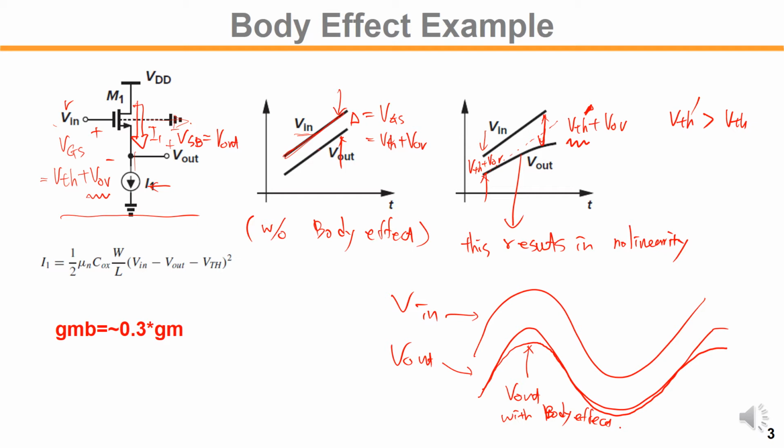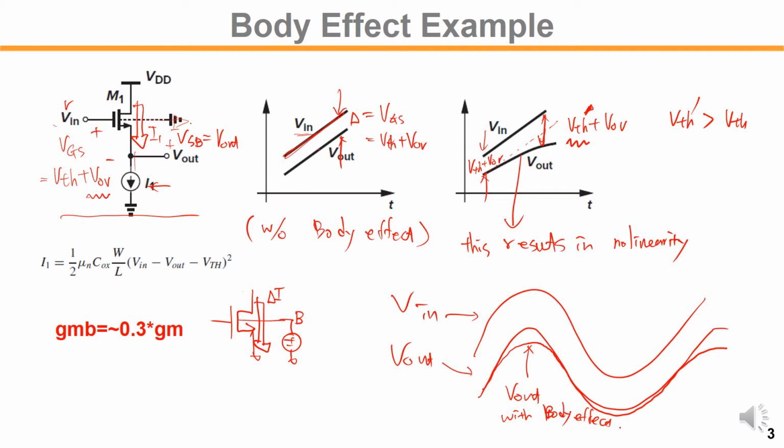Now you can think of the body as an additional terminal. If you change the body voltage, that modulates the threshold voltage, which creates a current variation delta I. You can model such behavior as the backgate.